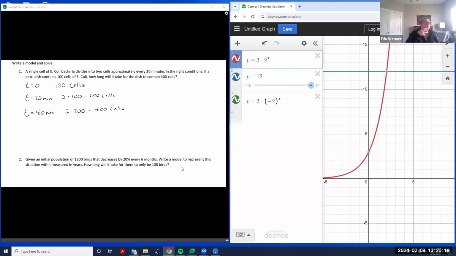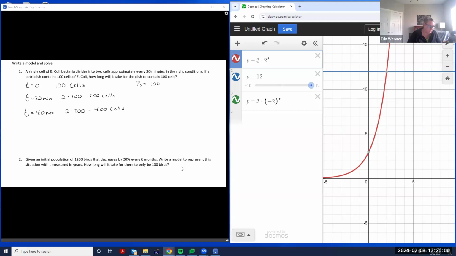How can we relate this to writing an equation to represent this? Well, we know that the original amount is going to be 100, right? That's our starting amount. So that means our P sub 0 has to equal 100. And every single time I am multiplying that value by 2, right?